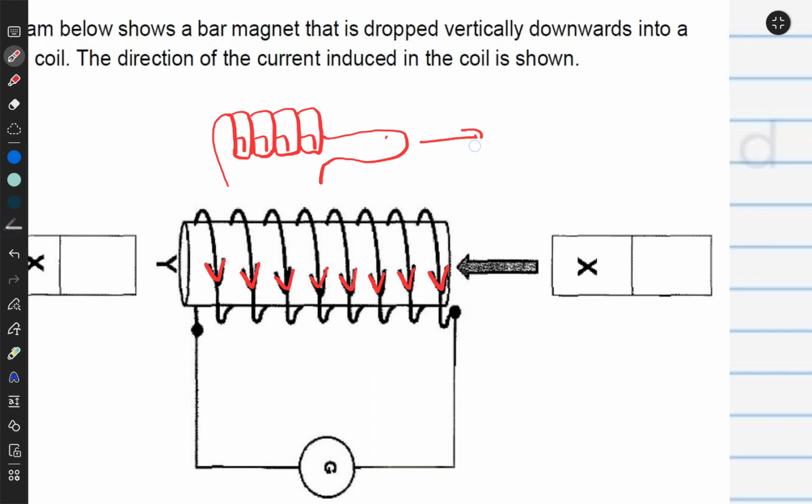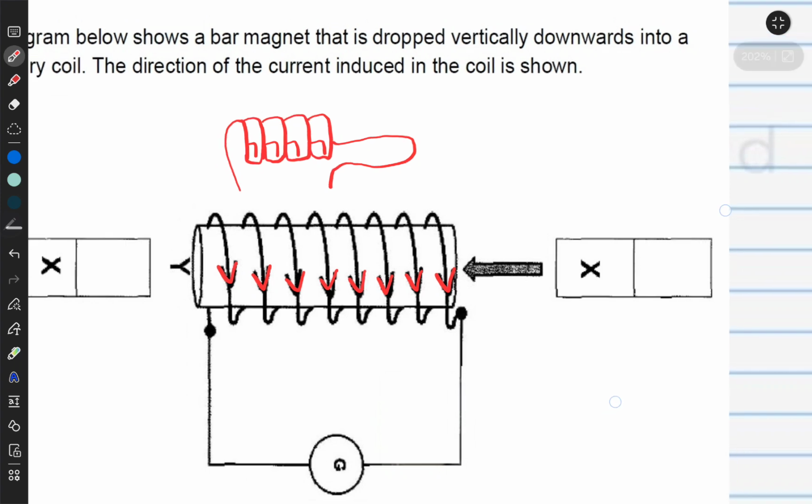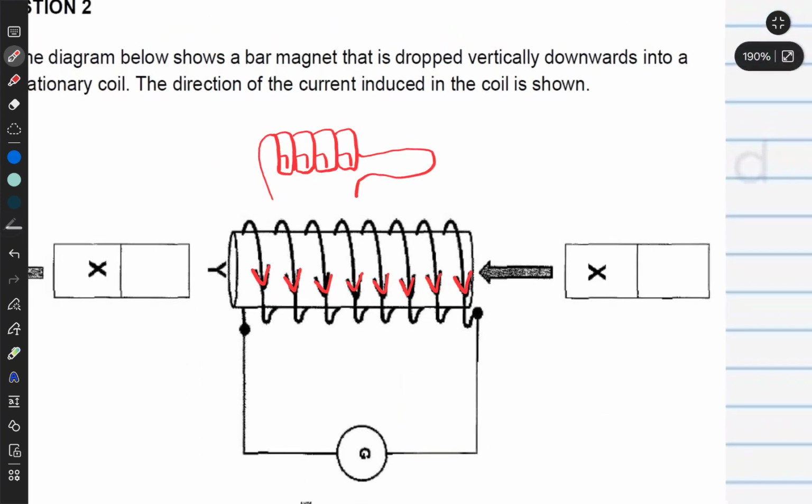So you will be staring at your fingers, curling out of the page, and the thumb is pointing that way. And remember what we said, the thumb always points in the direction of what? You can pause and try to remember. Yes, the thumb always points in the direction of the North Pole.